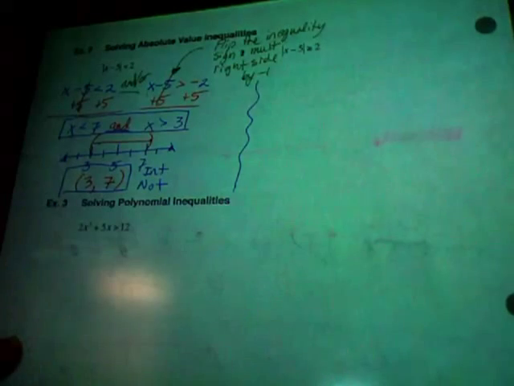All right, then, this side, go ahead and set up your two different equations. Remember to flip your inequality and solve, and you're going to get similar answers, but they look different.